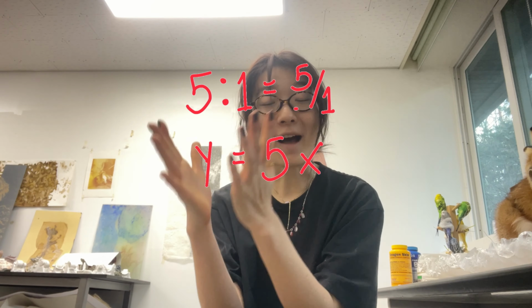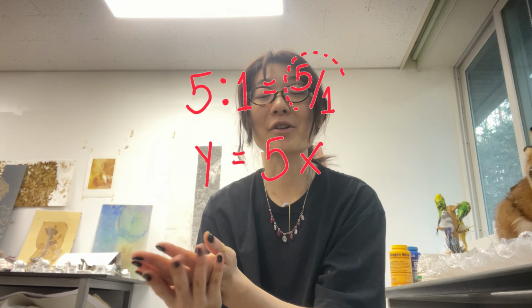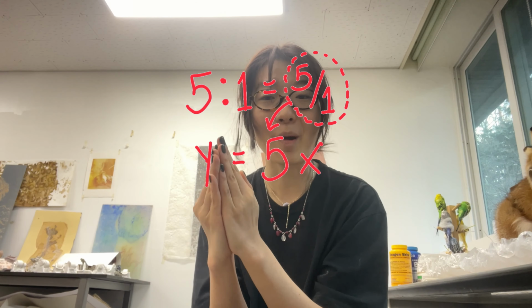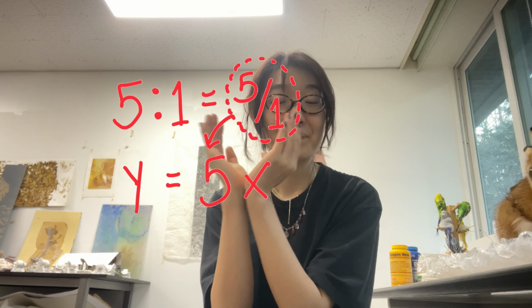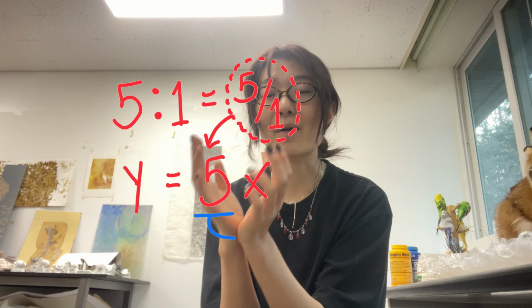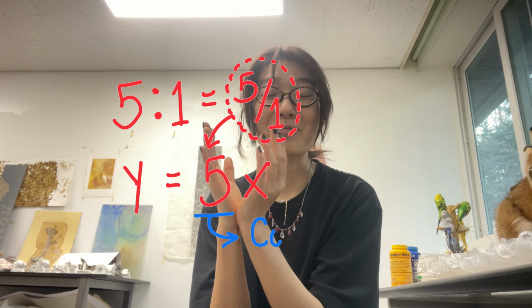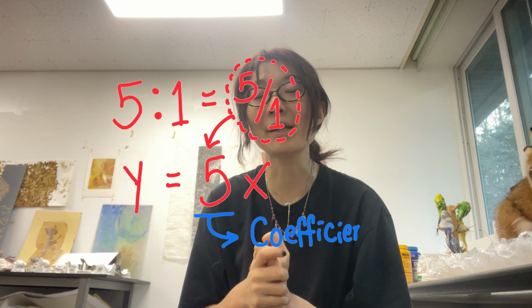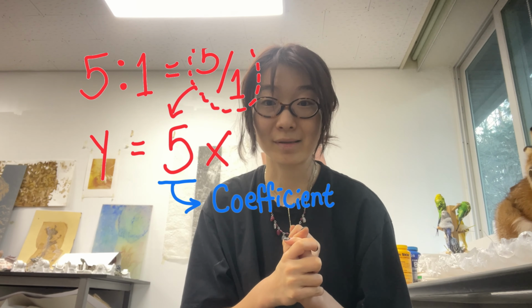And our 5 actually appears in our function as a coefficient. Coefficient is a numerical value that's multiplied to a variable. So 5 is our coefficient, but it also represents our rate. And this rate, in terms of linear function, is commonly known as slope.